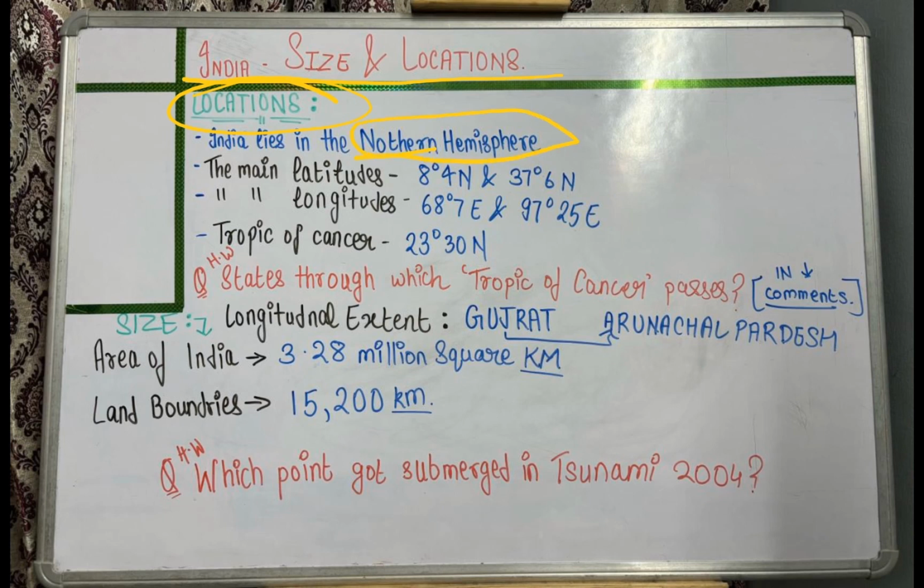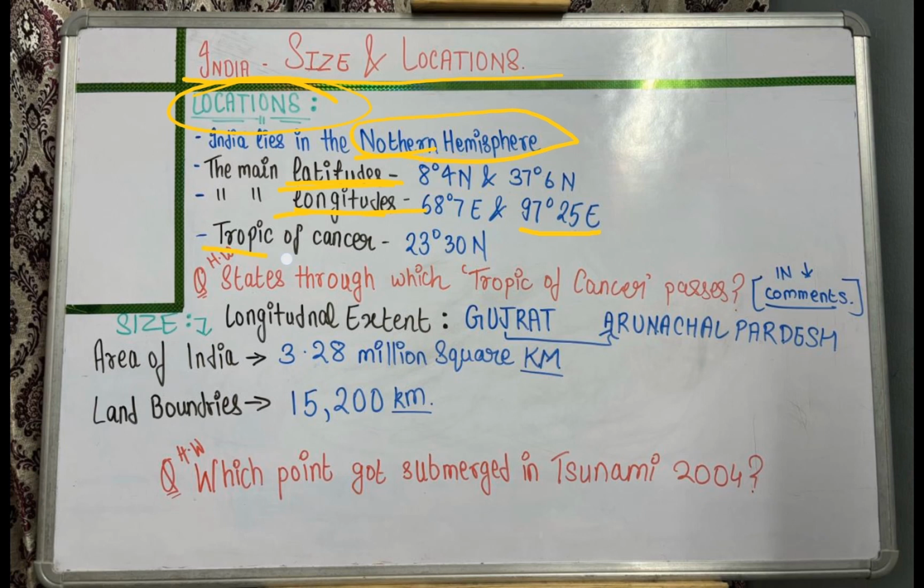I hope you will not forget it. Then we learned about the latitudes and then the longitudes. The longitudes are 68 degree 7 minute east and 97 degree 25 minute east, and the latitudes are 8 degree 4 minute north and 37 degree 6 minute north.